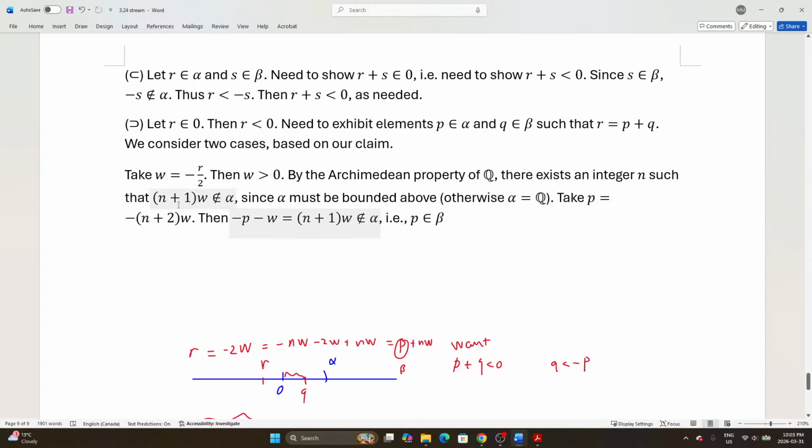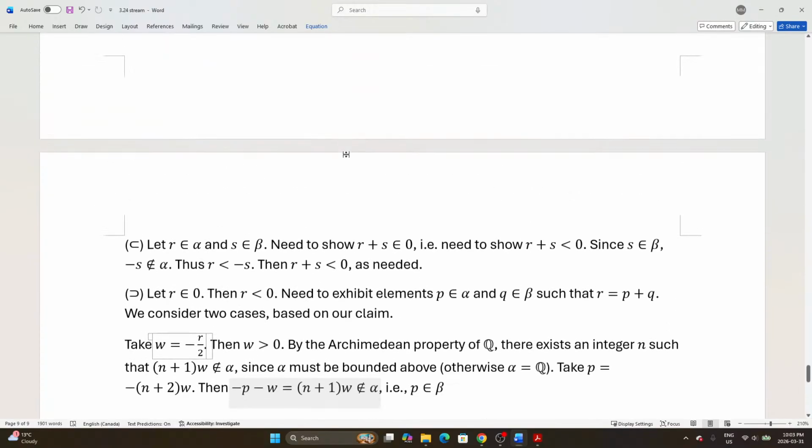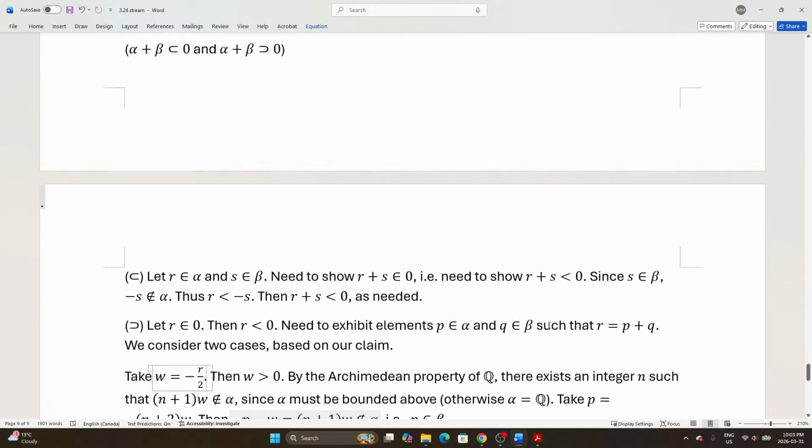By the way, let's walk through the opposite inclusion once again. We want to show that 0 is equal to p plus q for some p in alpha and some q in beta.